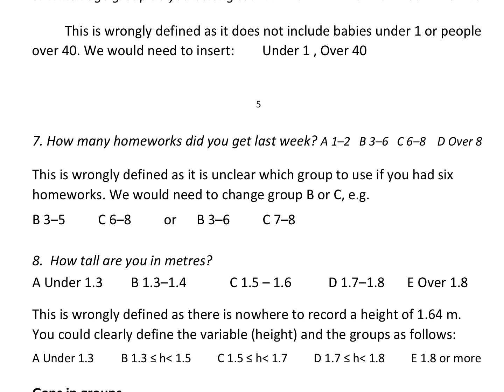So this is wrongly defined as there is nowhere to record a height of 1.64. You could clearly define the variable height and the groups as follows. Now, you don't see this as often because it's more mathematically written, I suppose, but strictly speaking, this is a better way to write it than this. This is going to cause issues.